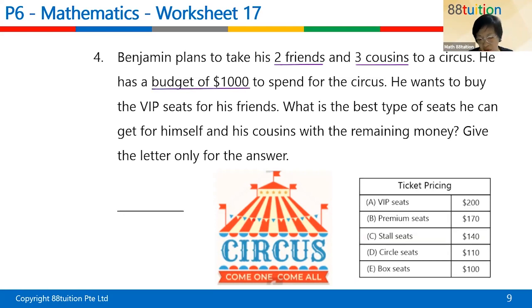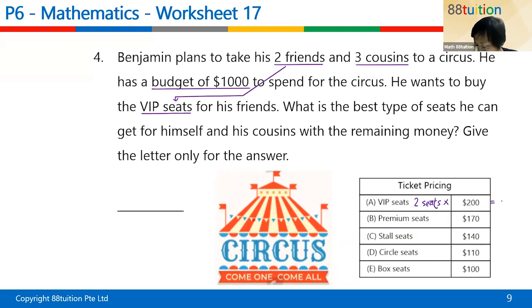He cannot spend more than 1,000. So for his friends, he wants to have 2 VIP seats. What kind of seat is he getting for his friends? VIP. So this one must get 2 seats, right? So kind of him. What is the best type of seat he can get for himself for the remaining money?